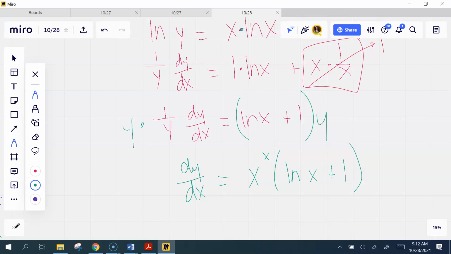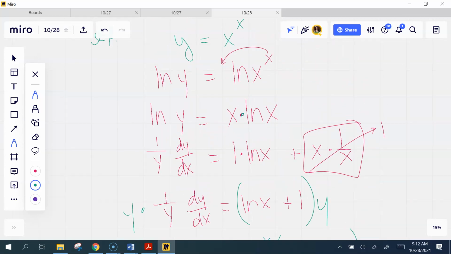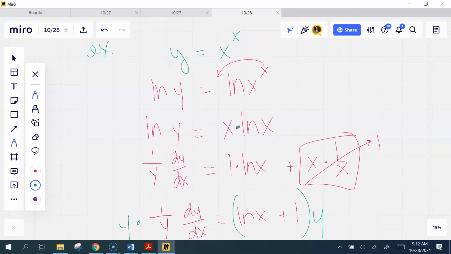No, you just log both sides. Well, then why, when it's on the exponent, do you have to bring it down? That's that property of exponents that says if you're taking the log and you have an exponent, you come around front and multiply.